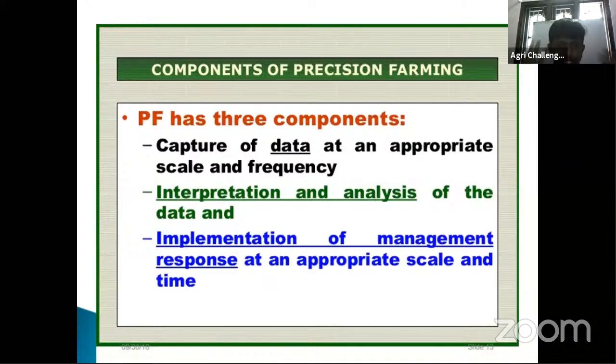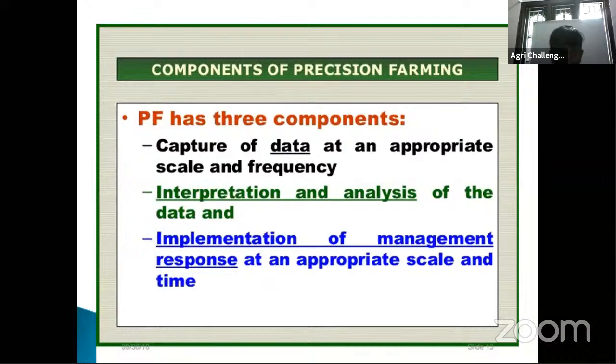That variability map will be fed into the equipment or machinery which is going to apply fertilizer in your field. So the first is capturing the data, then interpretation and analysis of the data, then implementation of the management response at the appropriate scale and time.